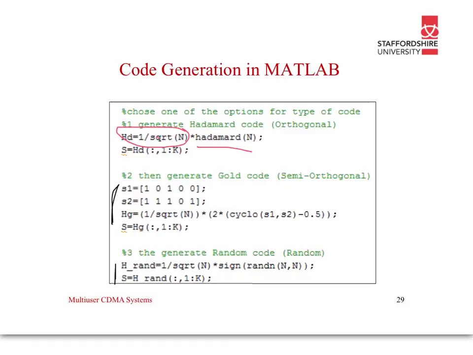It gives the amplitude of square root of n. Then if we want to generate the gold code, then we would comment out these 2 lines and uncomment these by taking the percentage signs away. S1 and S2 are the generator matrices for the pseudo-noise shift registers.